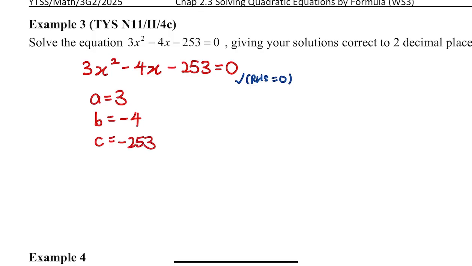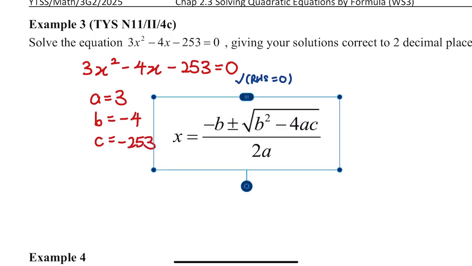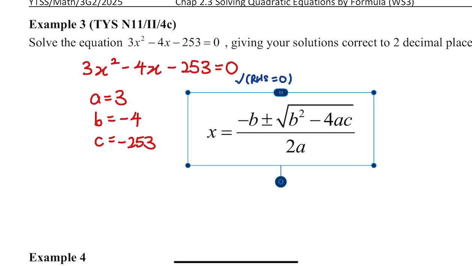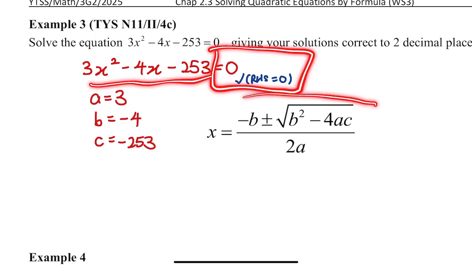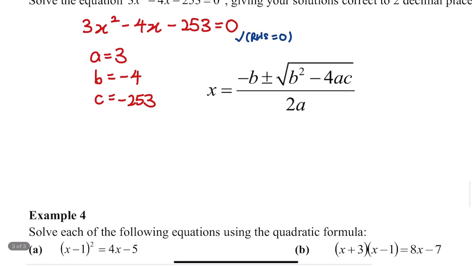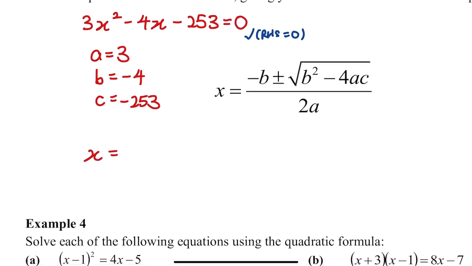Okay, so if we were to recall your quadratic formula, once you have a quadratic equation like this, right hand side is equal to 0, you can now apply the quadratic formula here. So therefore, x is simply equals to, remember, negative b, so negative, then bracket negative 4, plus minus square root.